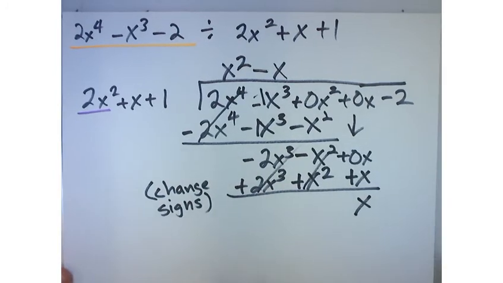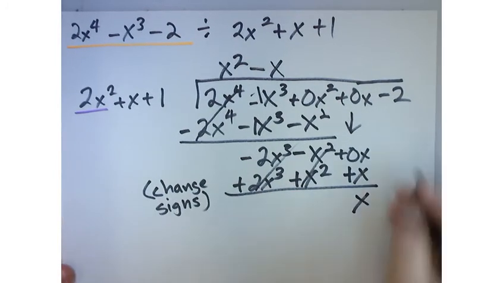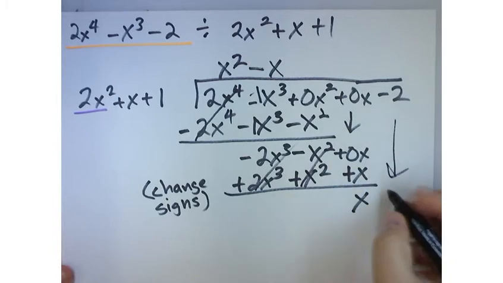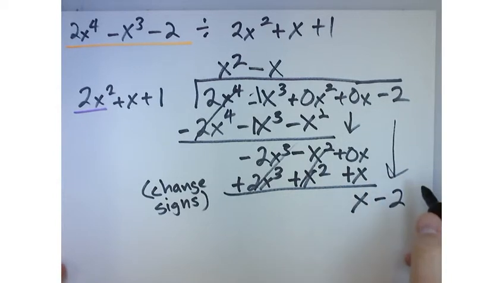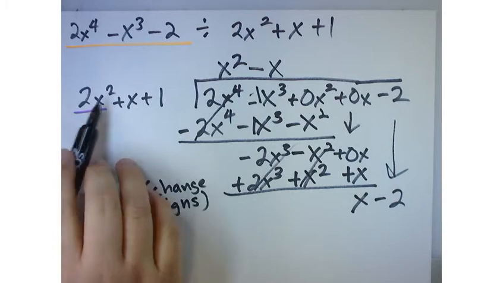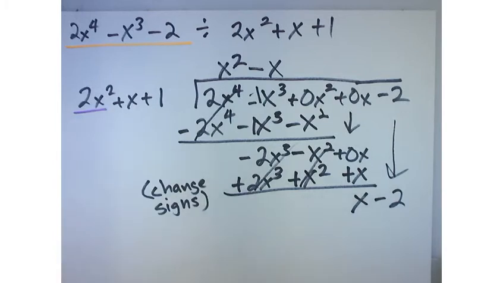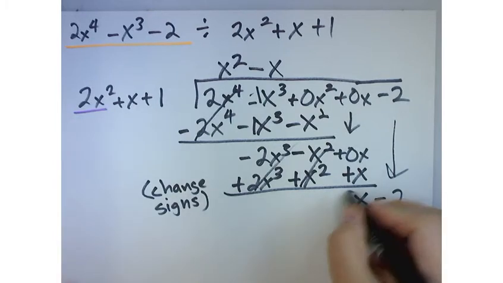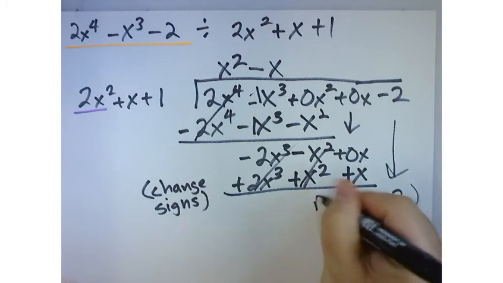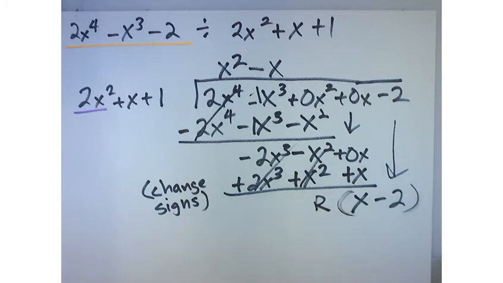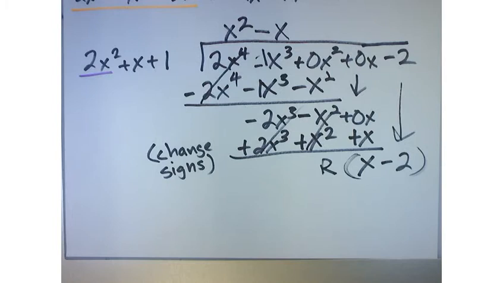Now what do I do? Bring down the negative 2. Now, can 2x squared go into x? No. This is our remainder. Now, how could I write that?